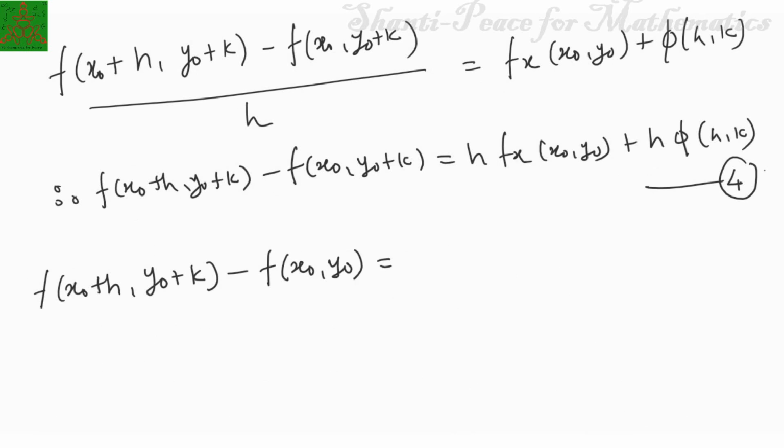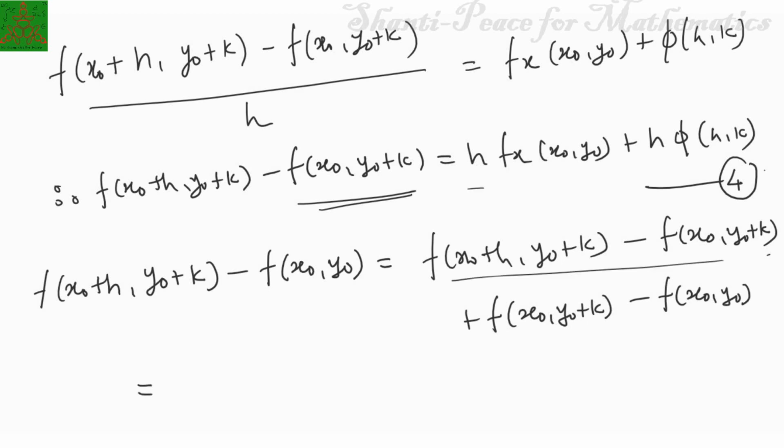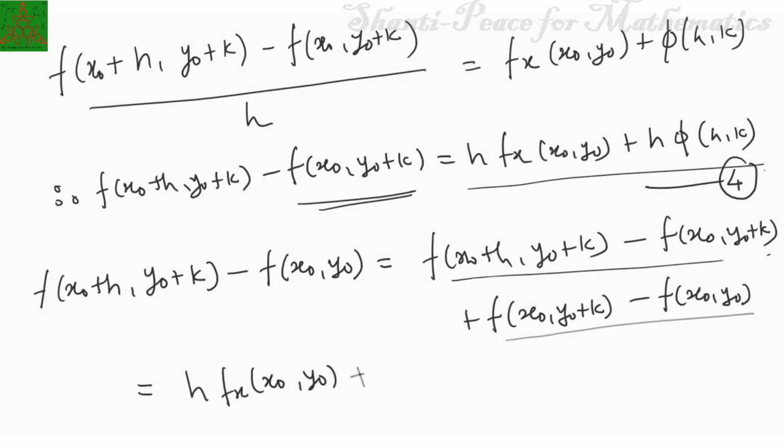I'm starting with this side, adding this term and subtracting that term, that is f(x0, y0+k) plus f(x0, y0+k) minus f(x0, y0). So this I can write as h into fx at (x0, y0) plus h phi of (h,k), because of equation 4.